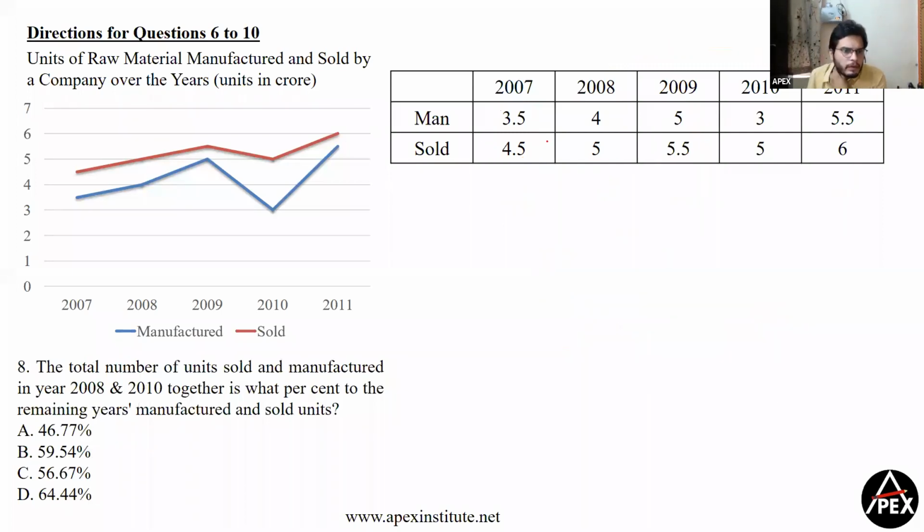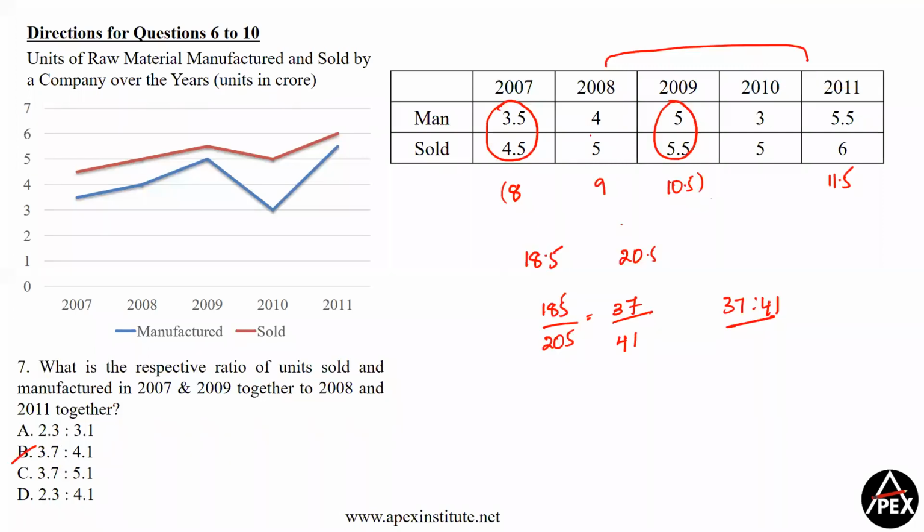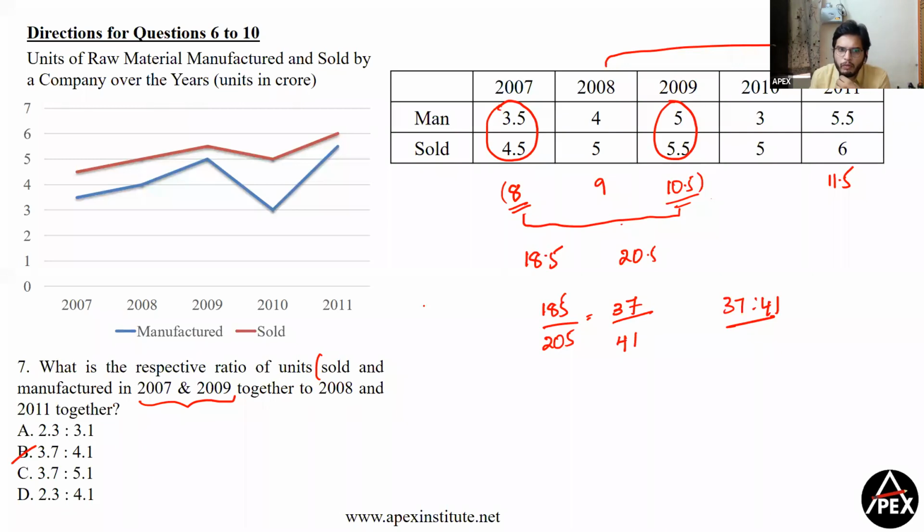Moving ahead. Eighth question. Once again, what is the respective ratio of units sold and manufactured in 2007 and 2009 together? So units sold and manufactured in 2007 are 8 crores. In 2009 are 10.5 crores. So together in 2007 and 2009, we have 18.5 crores.